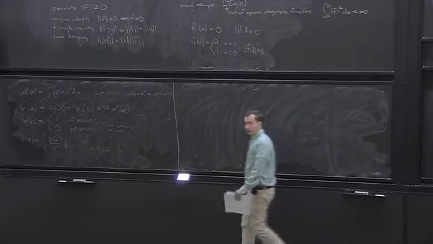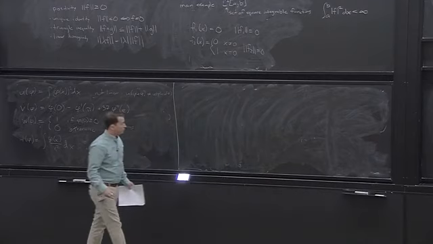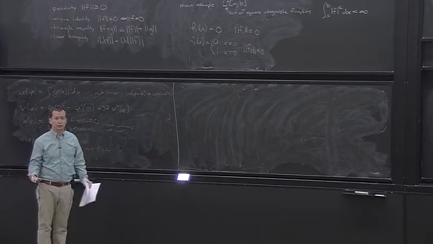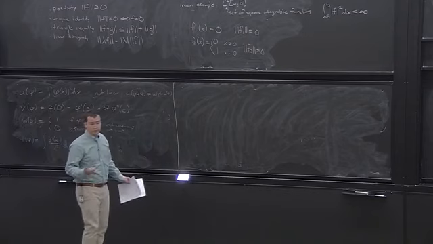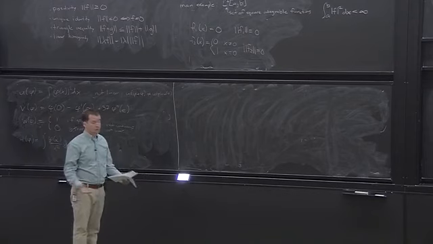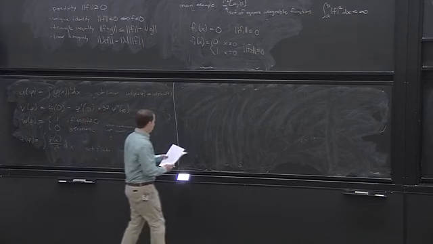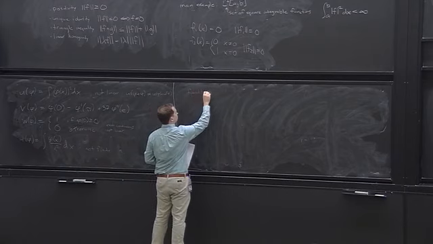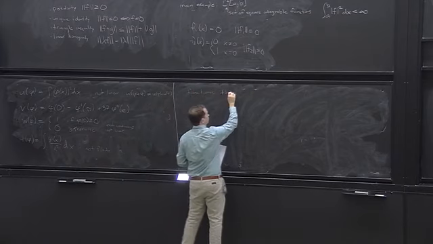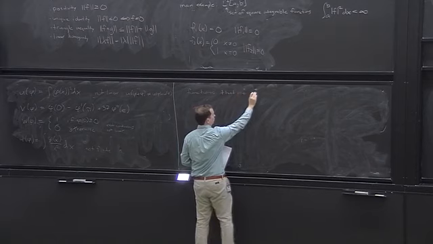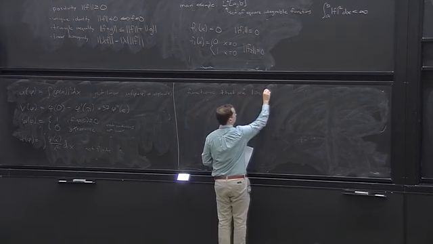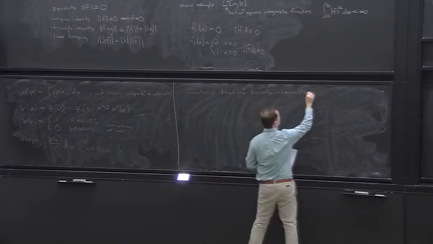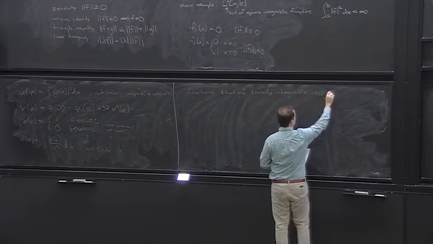So I just want to elaborate on the statement I made before, when I said that there are lots of examples of distributions, namely ordinary functions, or most ordinary functions. In particular, functions that are locally integrable are distributions.